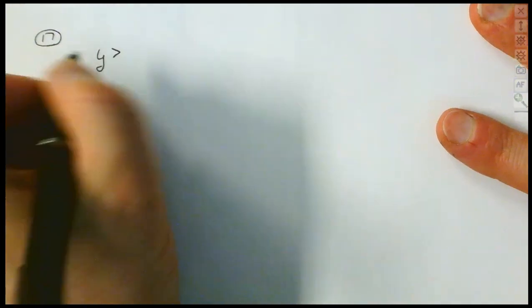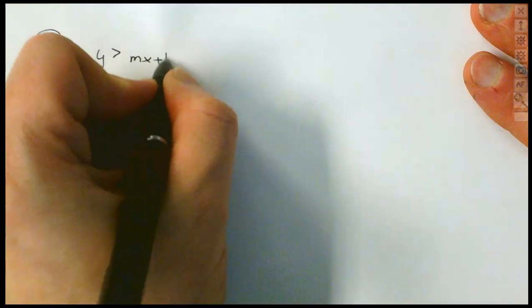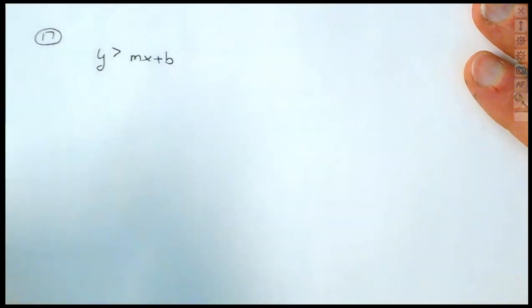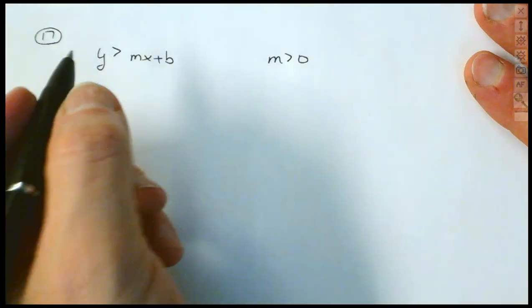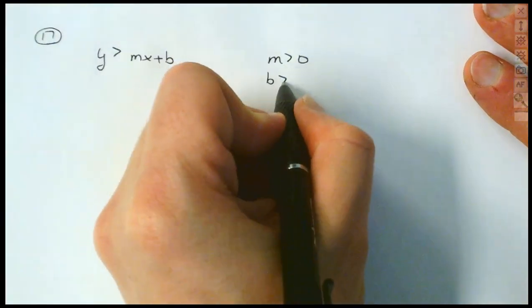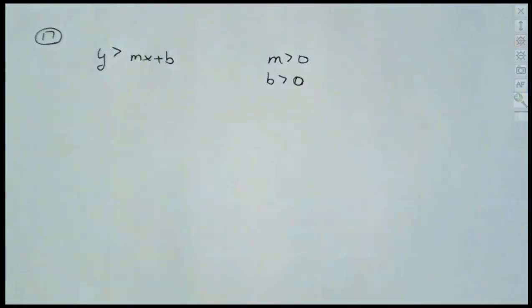So this is what we're going to start with: y is greater than mx plus b. And we know that m is greater than 0, b is greater than 0.